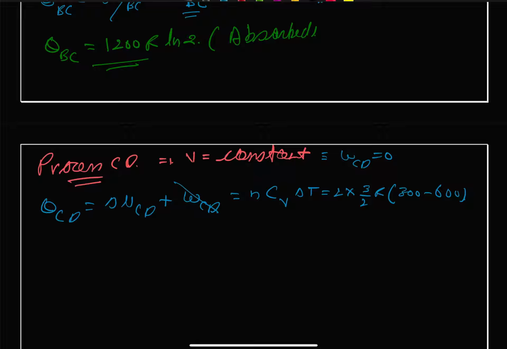And we get this, 2 and 2 cancel out. So this will be minus 900 R. So we get QCD will be equal to minus 900 R, and here heat will be released.